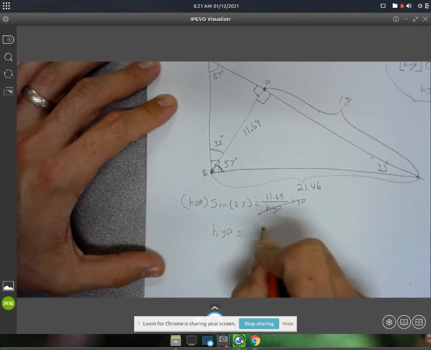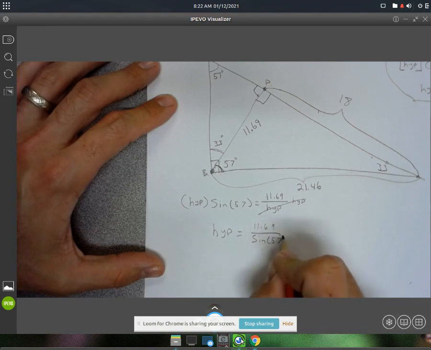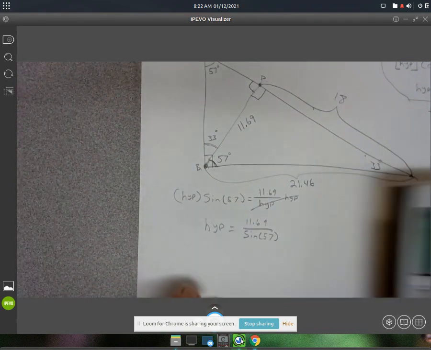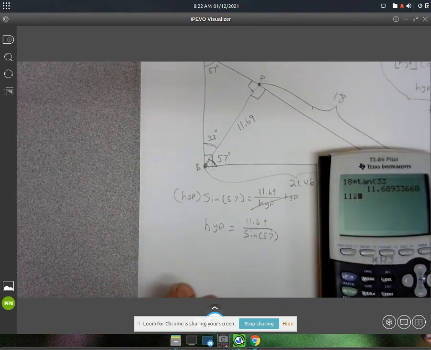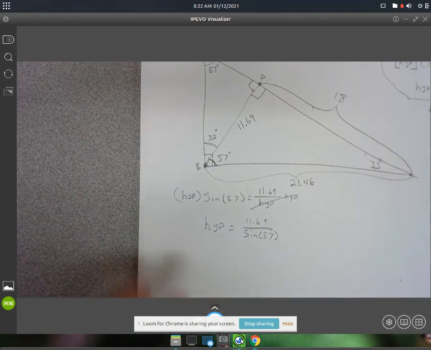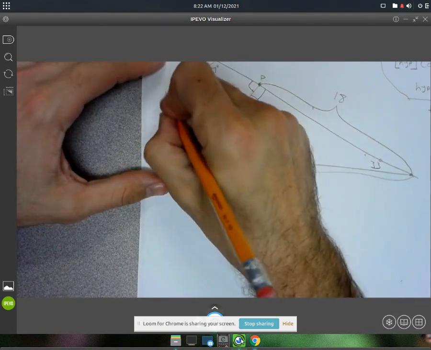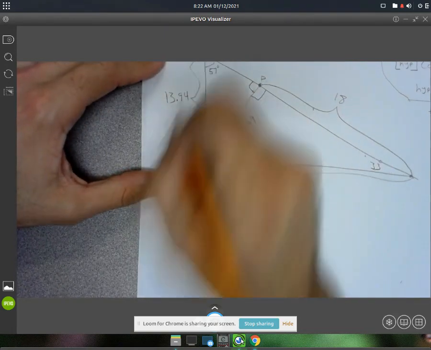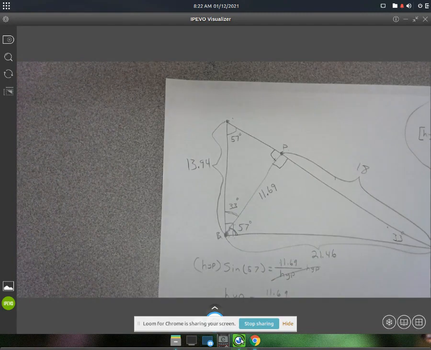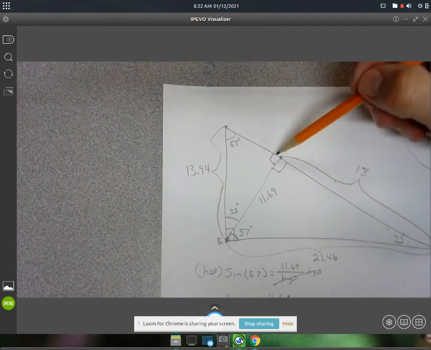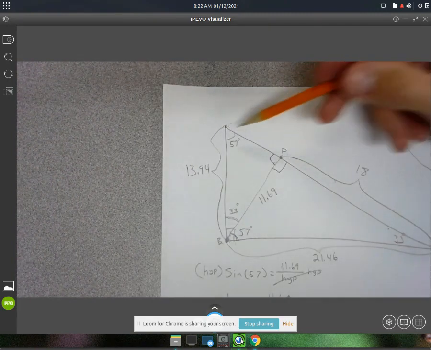So that's going to give you 11.69 divided by sine of 57, which is 13.94. And that was this side right here, 13.94.